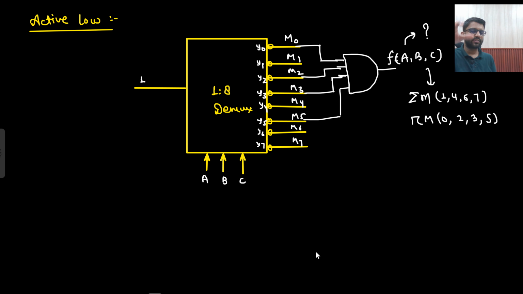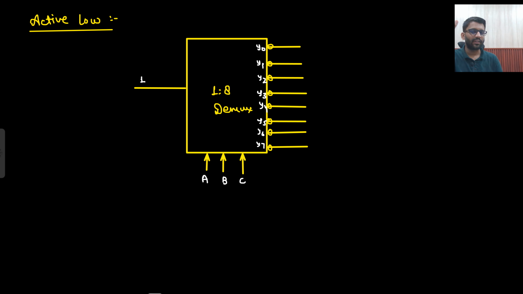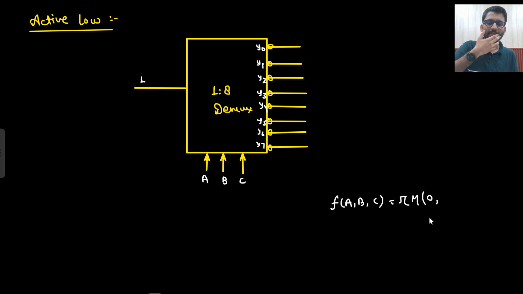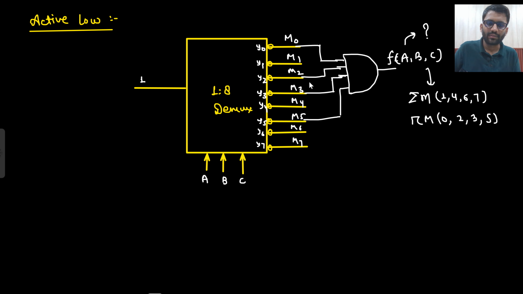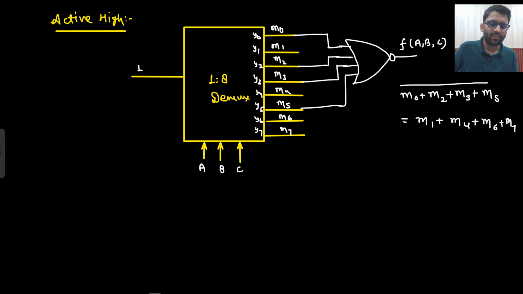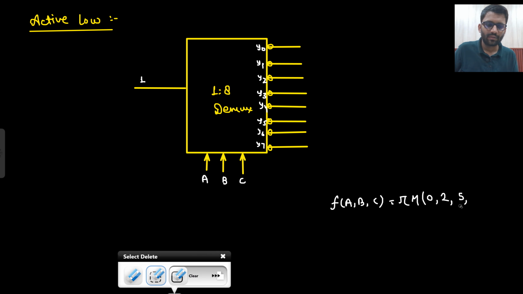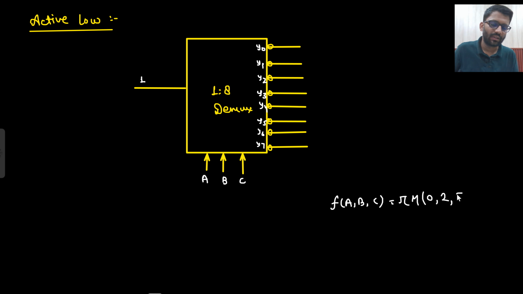Now my next question is, is this the only way to implement it? No, this is not the only way. Which could be the other way? The max terms in function F(A, B, C) were 0, 2, 3, 5.